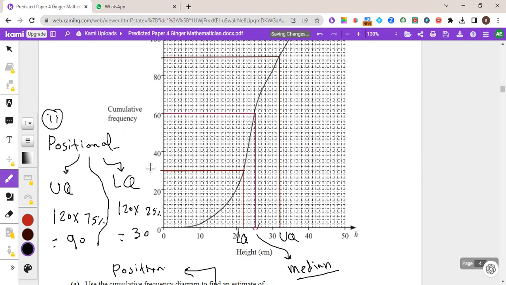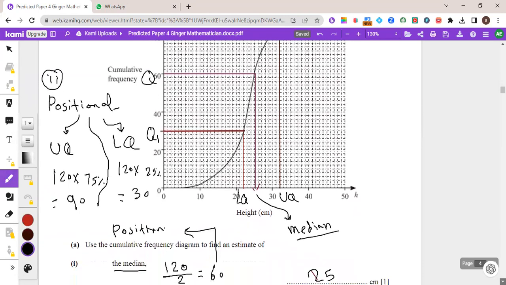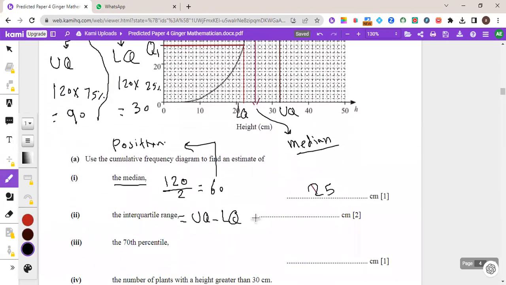Here, Q1 is the lower quartile, Q3 is the upper quartile, and here Q2 is the median. So it will be 32 minus 22 equals 10. So the answer is 10.